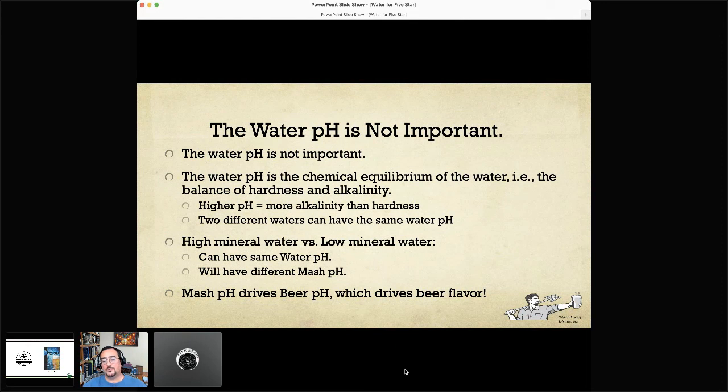So higher pH really just means that there's more alkalinity than hardness. You can have a low mineral water with the same pH as a high mineral water, but those two waters will affect the mash differently. Okay? Mash pH drives beer pH, and beer pH drives beer flavor. That's what's important.